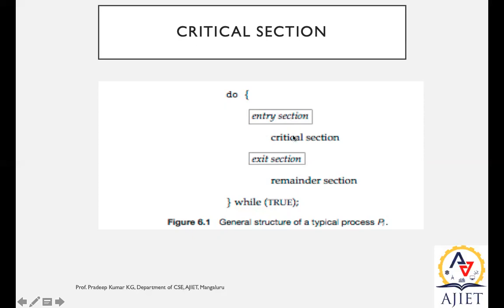On the other hand, whatever process is in the critical section must complete its execution, and only then will it give access to the newcomer. Once it finishes its execution, the current process moves to the exit section, and so on. That is how the critical section problem works.